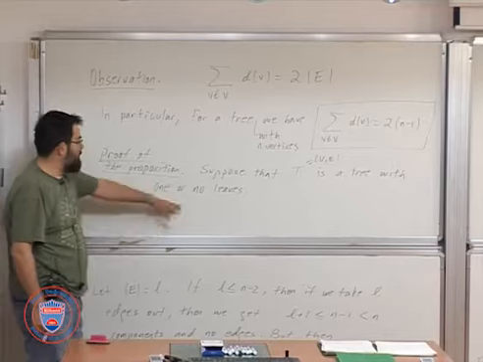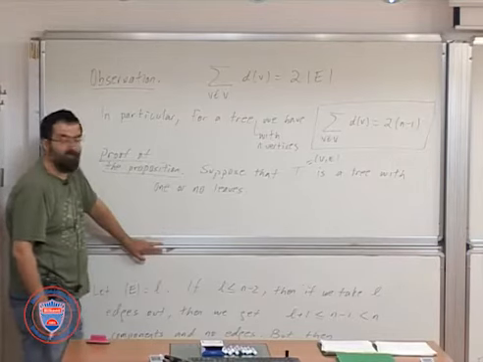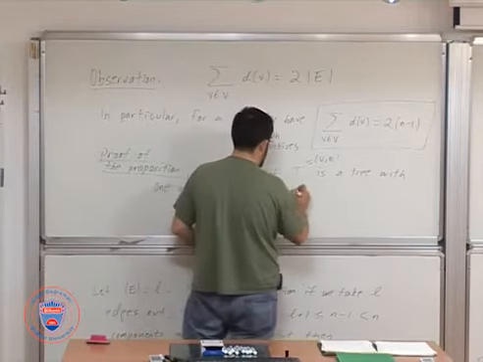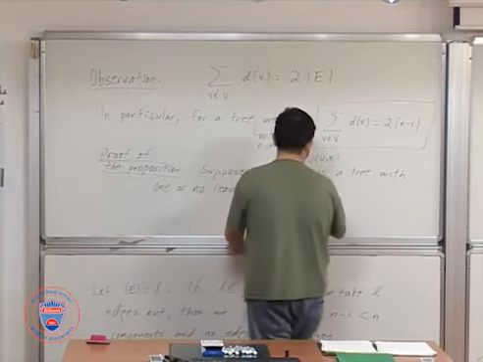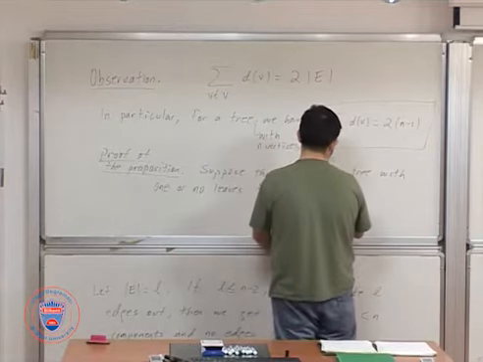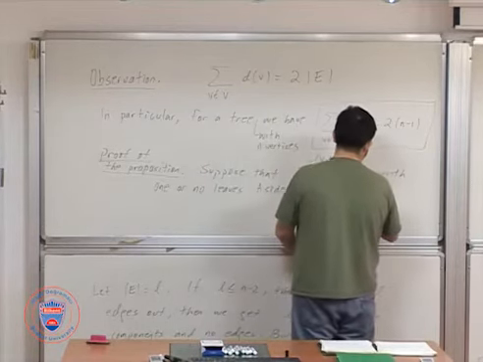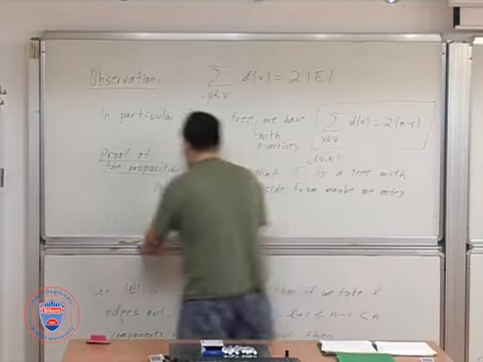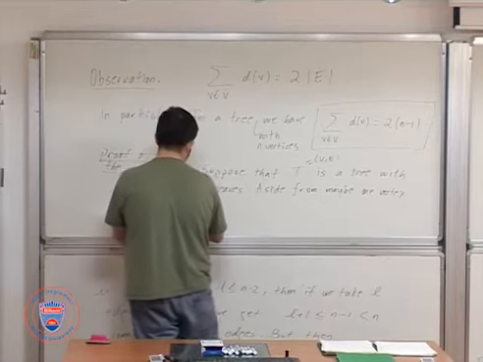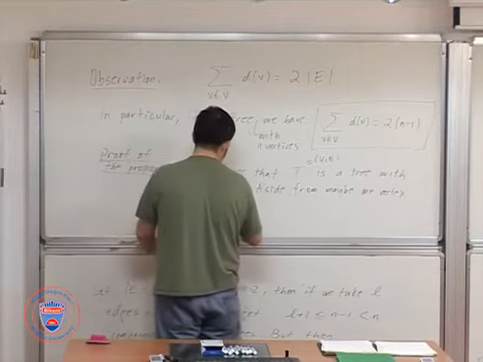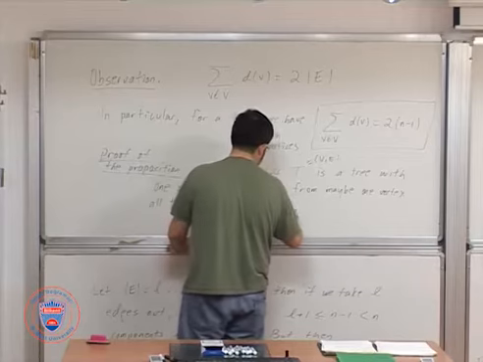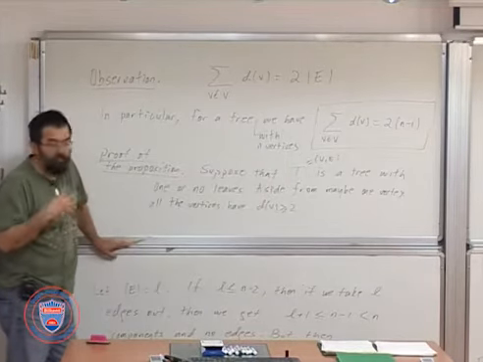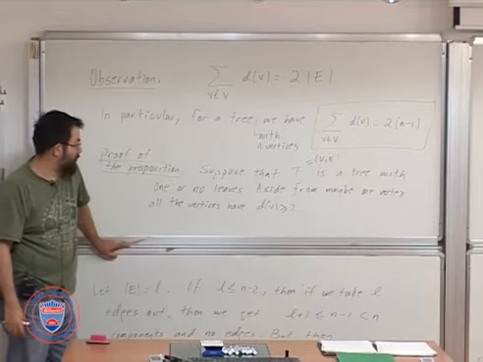Aside from maybe one vertex, all the vertices have degree bigger or equal to 2. So maybe one of them has degree 1, but suppose all others have degree 2 or bigger.